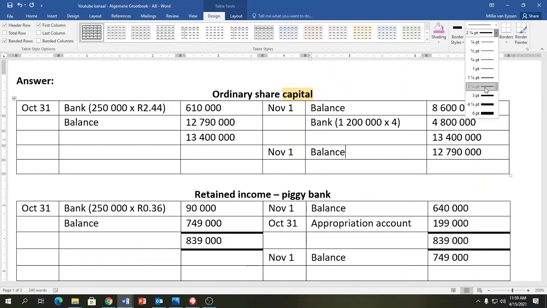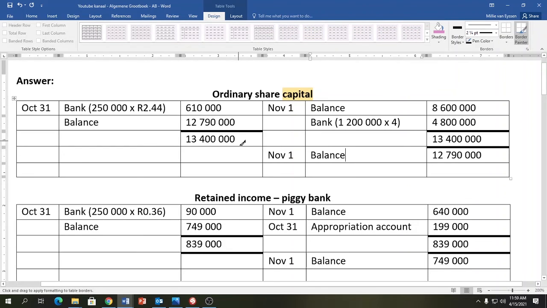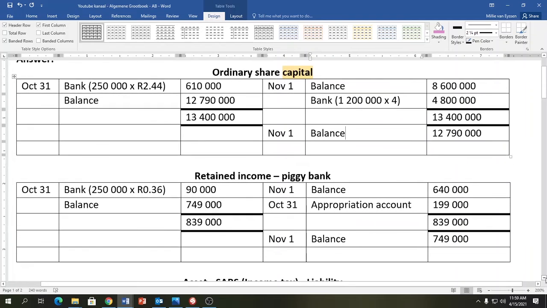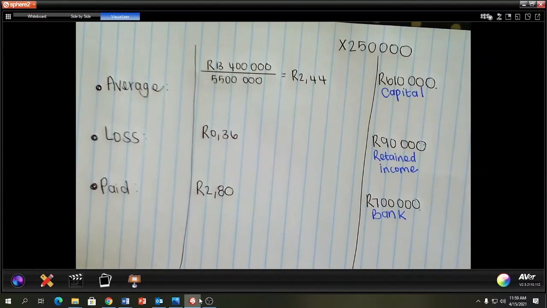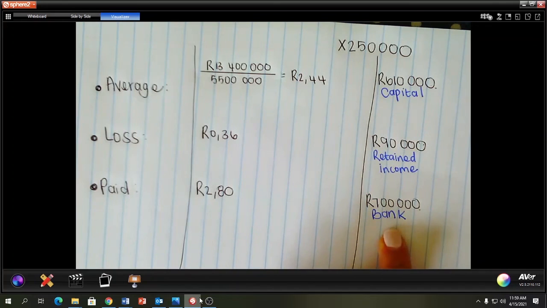I really hope that it helped you. This is the foundation for accounting in grade 12. You need to understand how specifically these first two accounts work, especially with the buyback. You need to know how to work out the three amounts and where they go. That's very important.